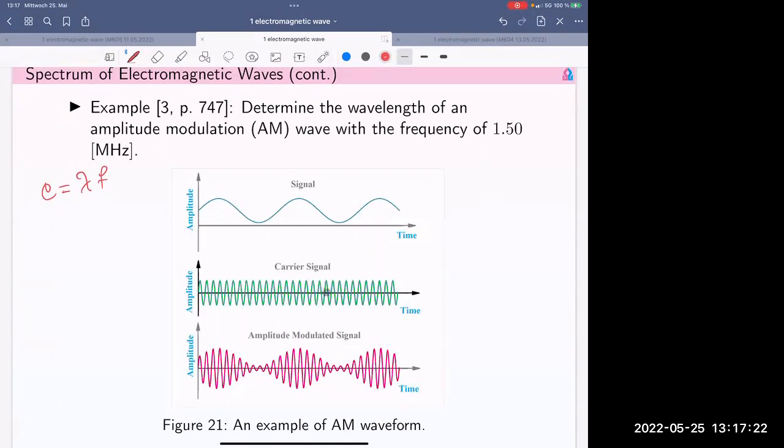Each station has to use a unique frequency assigned by the government or local government in that province or area. For example, in this problem, the frequency of this radio station is 1.5 megahertz, so the frequency of the green one here is 1.5 megahertz.